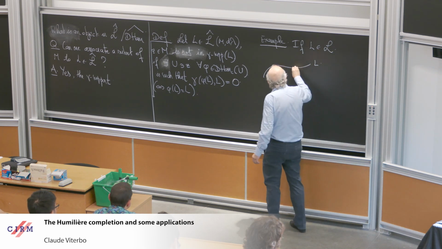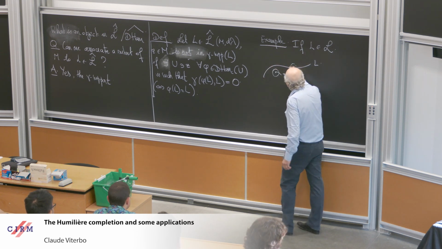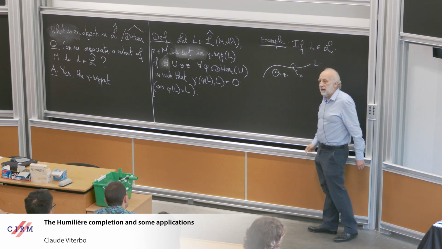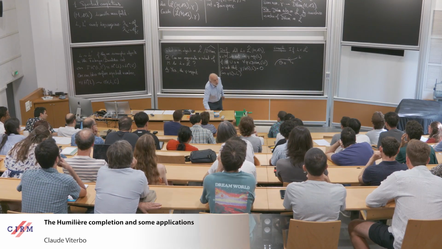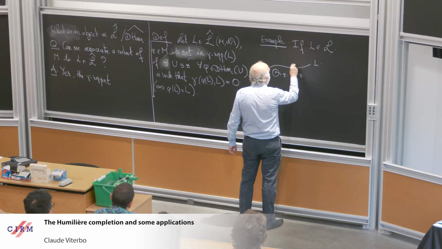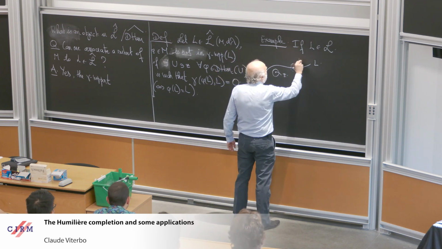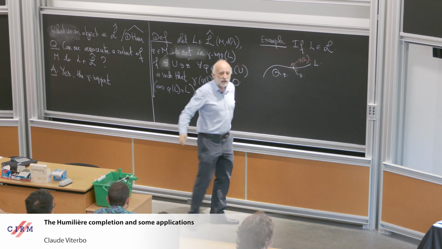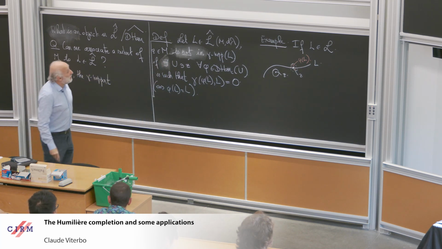On the contrary, you have to prove something, but it's not that difficult: if Z is on L, then you can find a Hamiltonian isotopy, phi of L, which actually moves L away from itself.